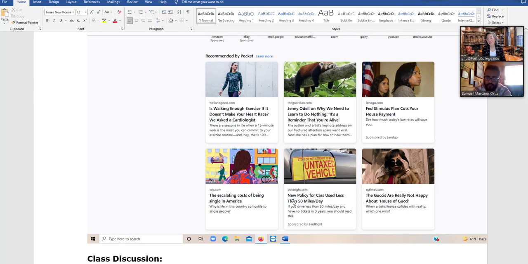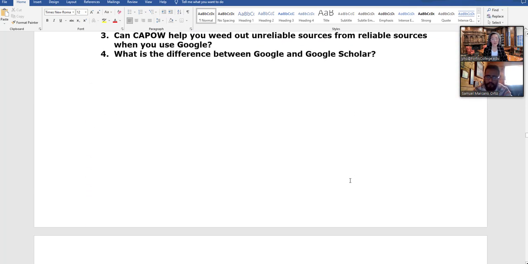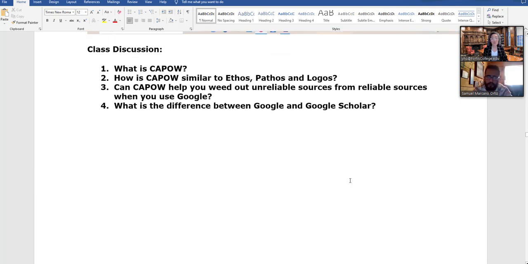No. Look at this: Federal stimulus plan cuts your house payment. Doesn't that look so official that people will click on it and think that's real? Because it's standing right next to other real ones, they hide themselves very well. So you have to look for words like sponsored by or ads, so that way you know that it's not reliable. Okay, and so what is the difference between Google and Google Scholar again?